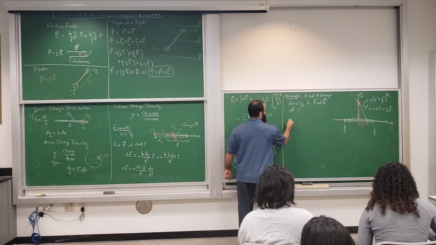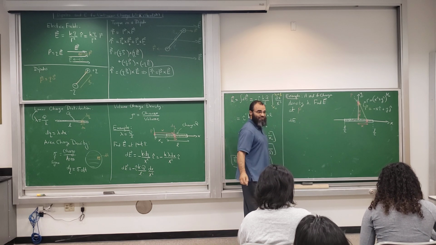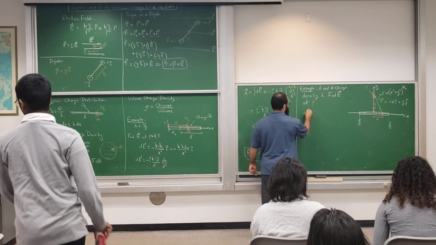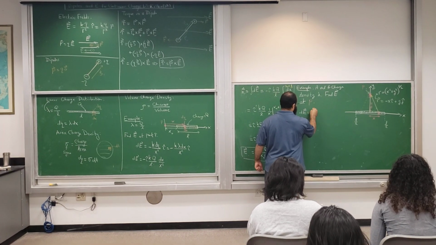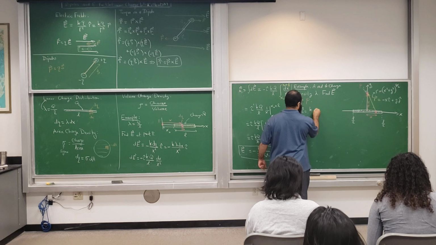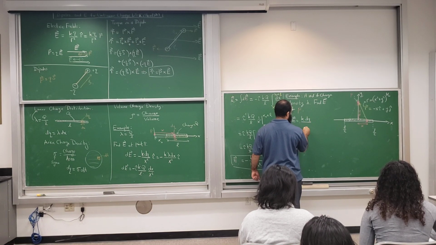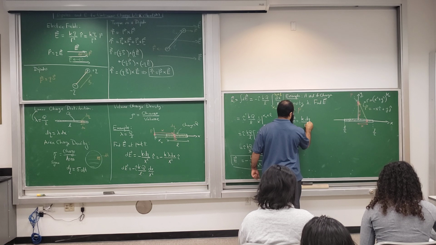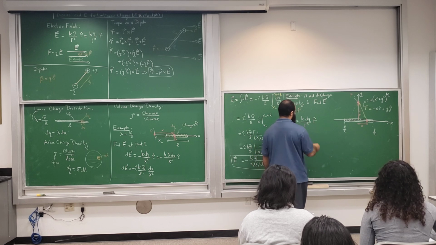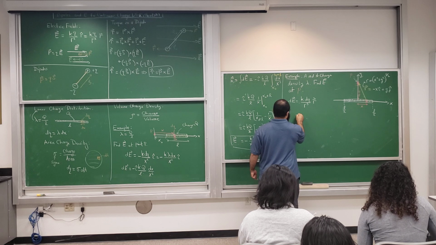So here it is. dE, the electric field due to just that one little bit, is going to be K times dQ over r cubed, and then the vector r. Let's just put it all here and then go on.